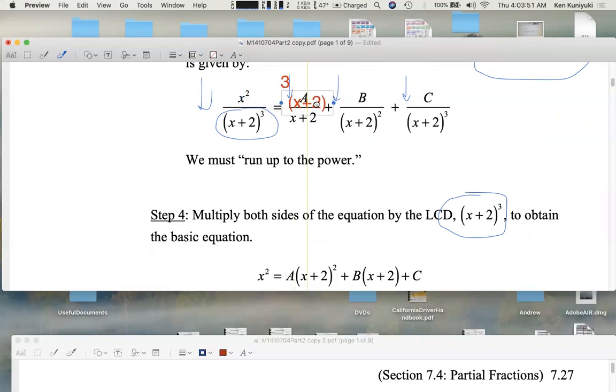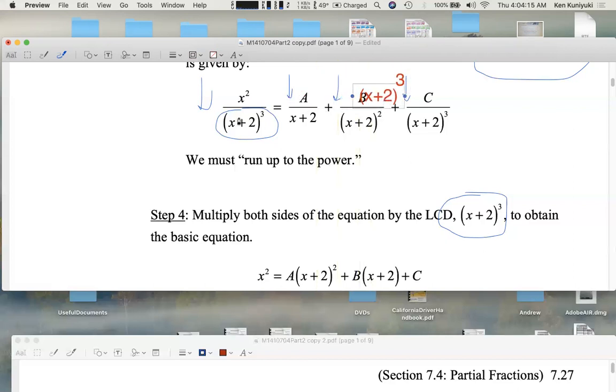What if we multiply the second fraction by the cube of x plus 2? Well, 2 pairs cancel out. 2 pairs divide out to 1. We have 1 copy of x plus 2 left, and that attaches to the b. So plus b times 1 copy of x plus 2. Plus, what happens if we multiply the third fraction by the cube of x plus 2?